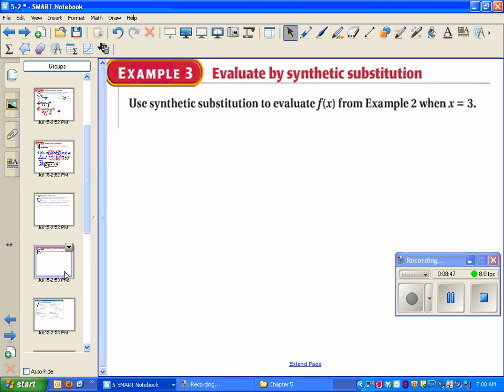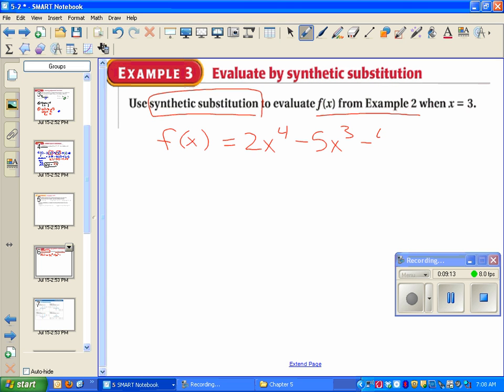Okay, now we have example 3, and we are going to use synthetic substitution, which at first pass will be a little bit confusing, but I think once you do it a couple times, you will like it a lot better than direct substitution. So it tells us to use the f of x from example 2, so I will write that down again. So f of x was equal to 2x to the 4th minus 5x cubed minus 4x plus 8.